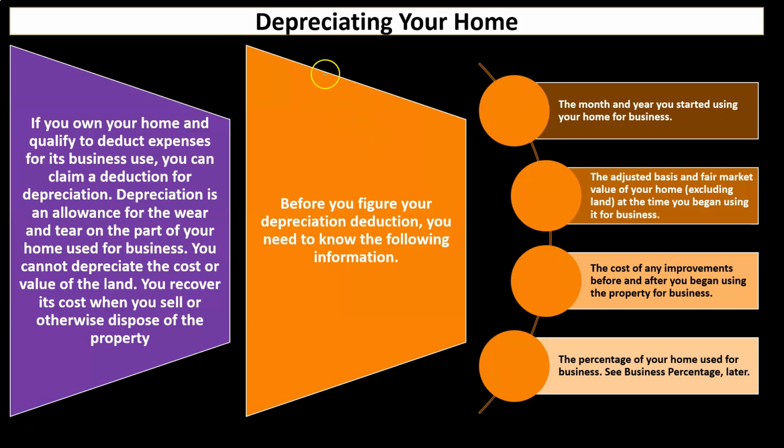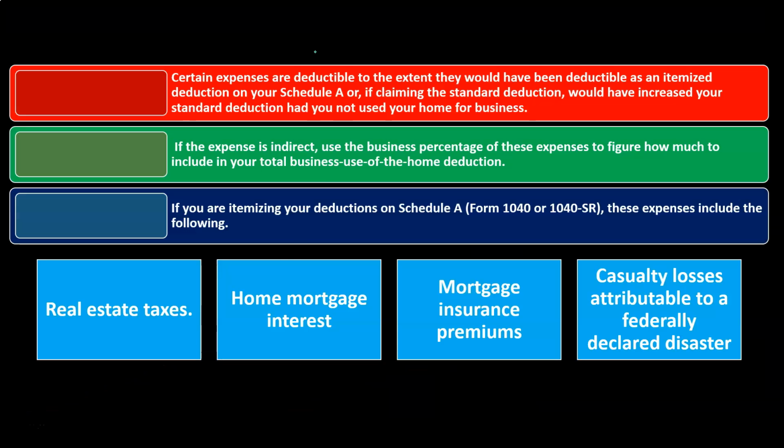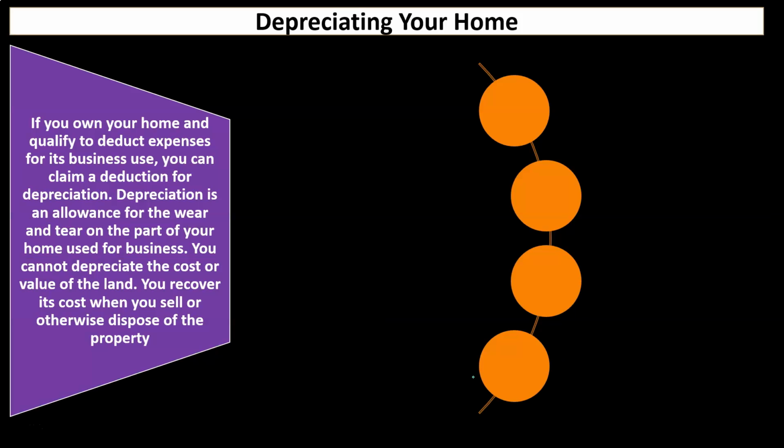Now notice also, just with the depreciation, if you're renting the home, then a lot of these items here, like if you're renting a place, you might not have the real estate taxes and the home mortgage interest, these things that are kind of the problems or kind of the confusing things, and you're not going to have this depreciation of the home. What you will have is rent, right? You'll have rent on the place that you're renting, and that's easier to allocate.